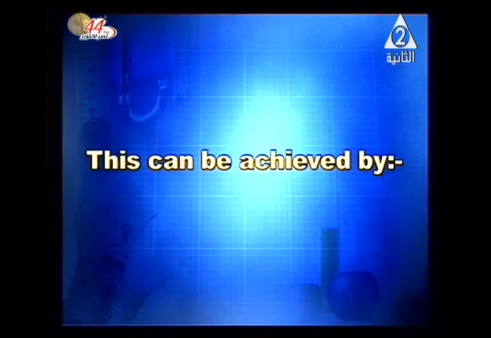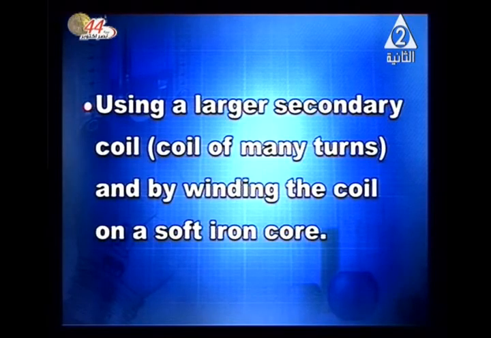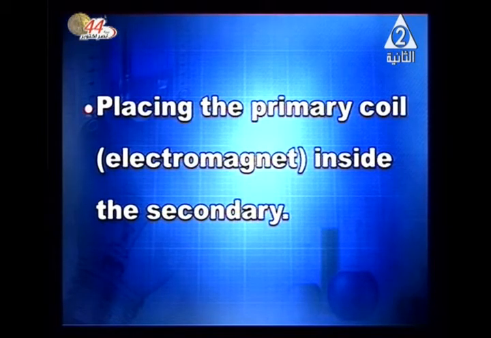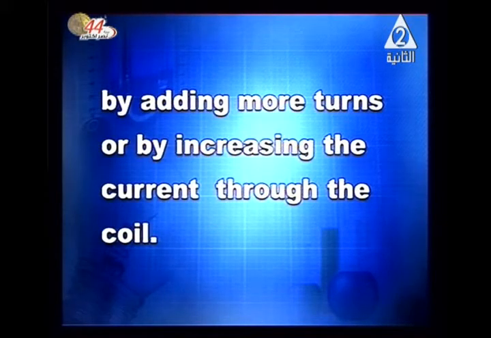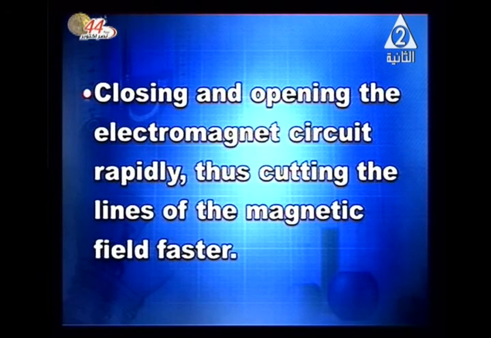This can be achieved by, first of all, using a larger secondary coil of many turns, and winding the coil on a soft iron core, placing the primary coil inside the secondary coil, strengthening the electromagnet by using an iron core, by adding more turns, or by increasing the current flowing through the coil. Also by closing and opening the electromagnet circuit rapidly, thus cutting lines of the magnetic field faster.